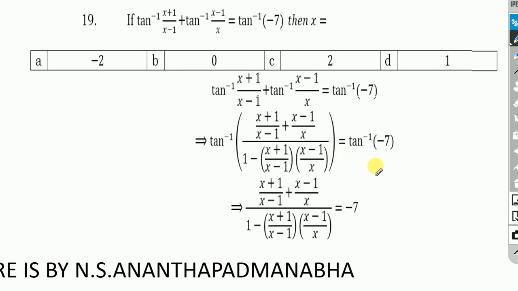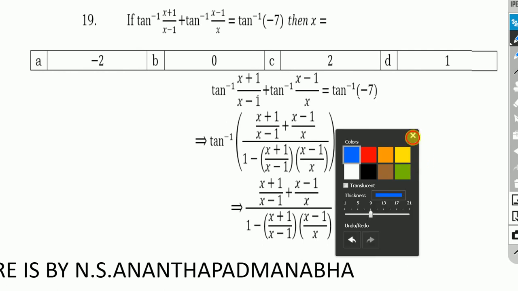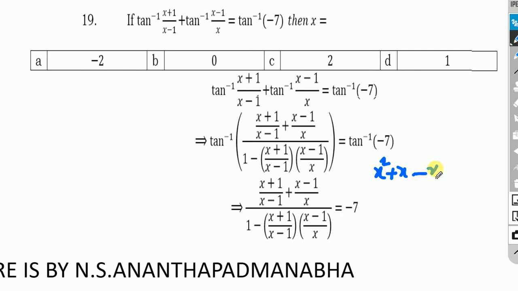When we take LCM and simplify this, I have x square plus x minus x minus 1 whole square plus (x plus 1) into x, which is x square plus x plus x square minus 1 in the numerator, and this x minus 1 into x after taking LCM will be cancelled.